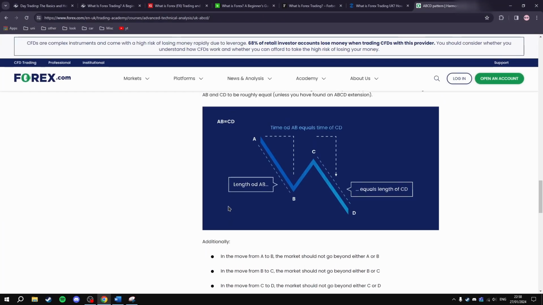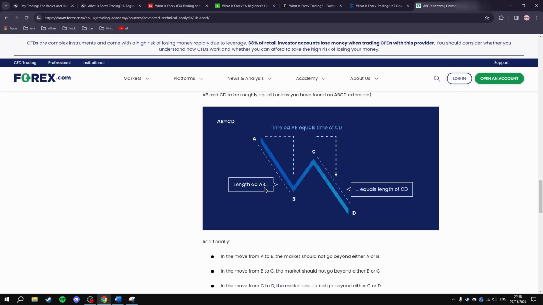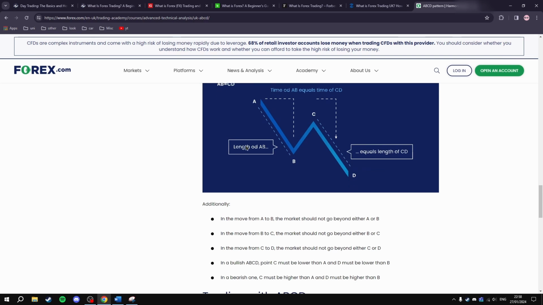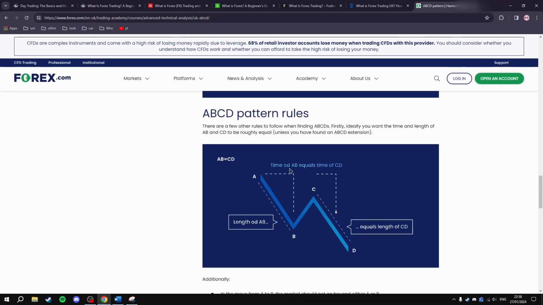Additionally, in the move from A to B, the market should not go beyond either A or B. In the move from B to C, the market should not go beyond either B or C. Time of AB equals time of CD.